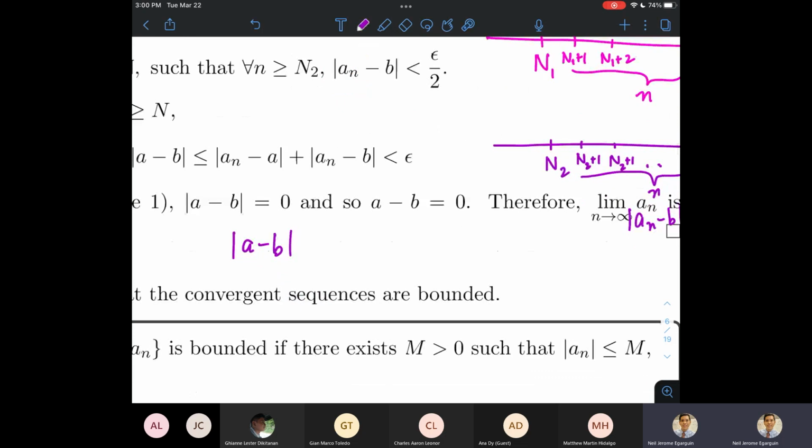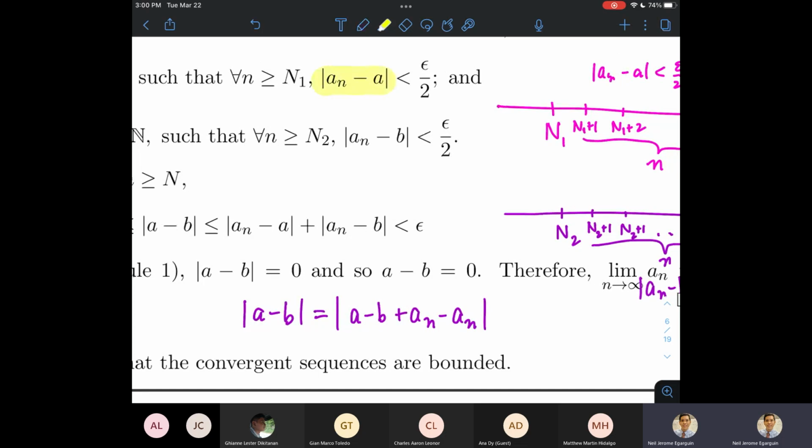So this is a usual trick in analysis proofs, okay? We can add and subtract the same thing to whatever quantity we're working with, okay? So in this particular case, we're working with A minus B inside the absolute value. So probably here I can add and subtract A sub n. Kasi nga, if I investigate the two inequalities that we know, all right, meron siyang AN, at saka si B. Eh, meron ako dito A at B pa lamang, so why not add and subtract AN to them?